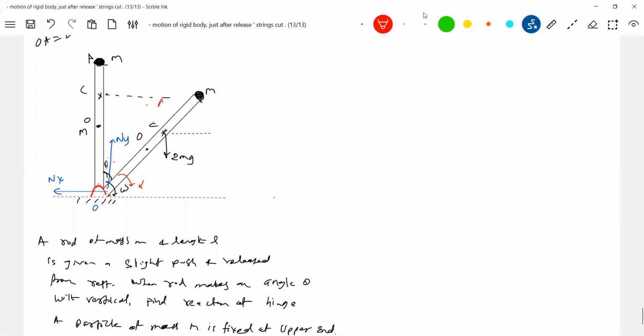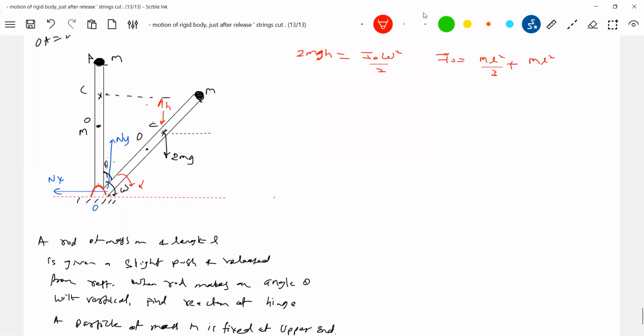The decrease in potential energy, 2mgh, should be equal to I_O omega square by 2. How do we calculate the moment of inertia? That of the rod is ml square by 3, and that of the particle is ml square. I brought it in just so that it isn't only the rod we are discussing. I can attach one particle also.